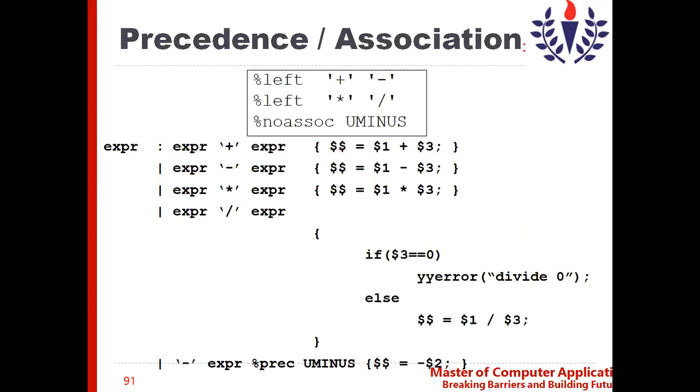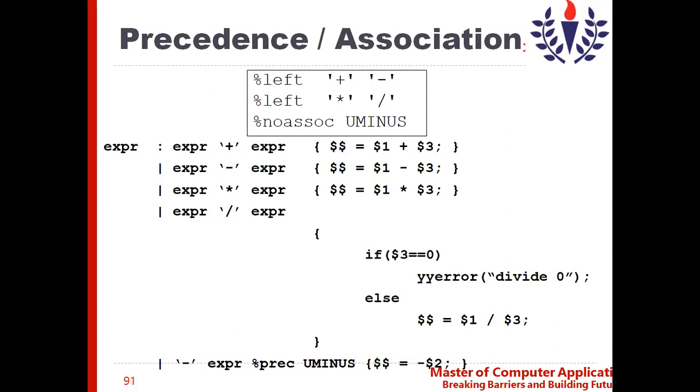Let me consider one example here. In the yacc program, we have %left again with different operators, and %nonassoc. This non-associative is meant for the unary minus operator, as there is no associativity rule for the unary minus. In the rules part, the grammar, we have expr plus expr, and in the action part, $1 plus $3.